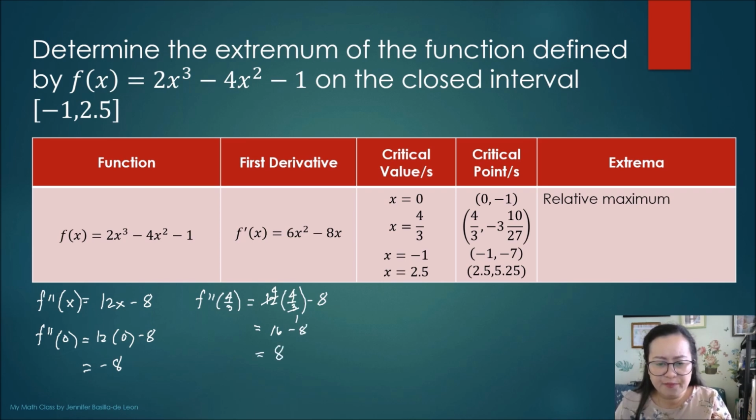Now, since 8 is greater than 0, then at x equals 4/3, we will have a relative minimum. Since we have x equals negative 1 and x equals 2.5 as values on the endpoints, we can just determine whether they are an absolute minimum or maximum point.